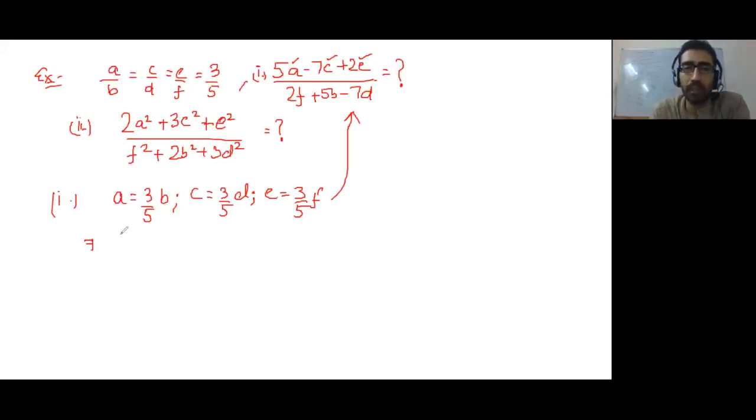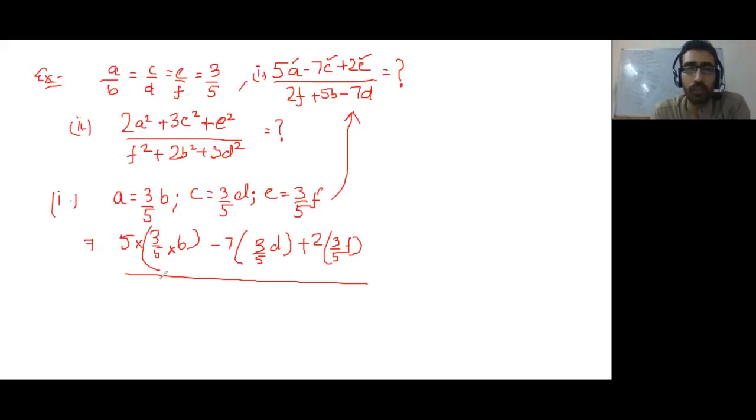So 5 times A is 5 times 3 by 5 into B, minus 7 times C is 3 by 5 into D, plus 2 times E is 3 by 5 into F, upon, of course, just writing it in the same order, 5B minus 7D plus 2F.